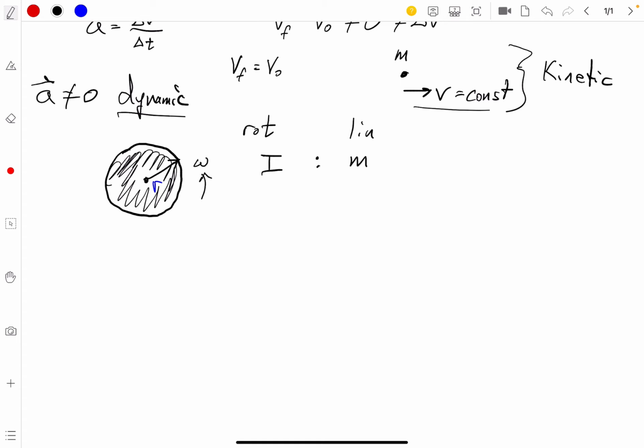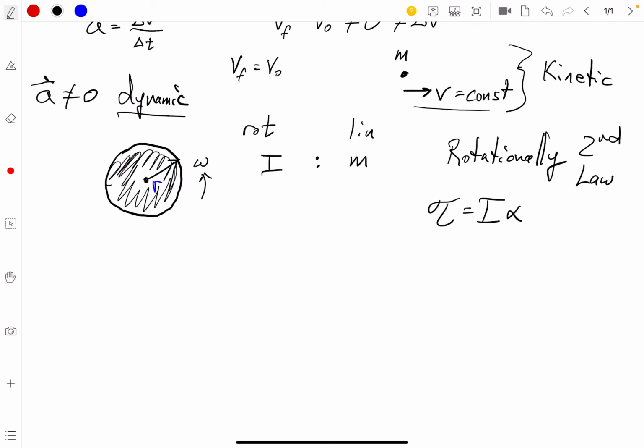We talked about Newton's second law linearly, but rotationally, the second law is torque equals I alpha.